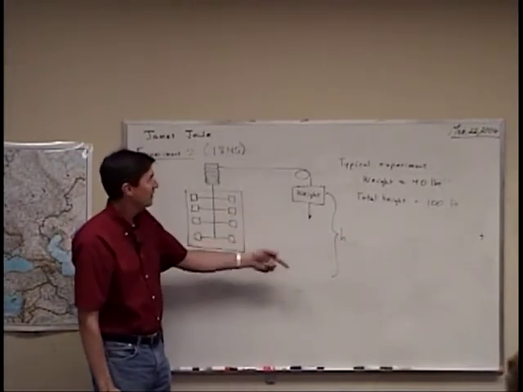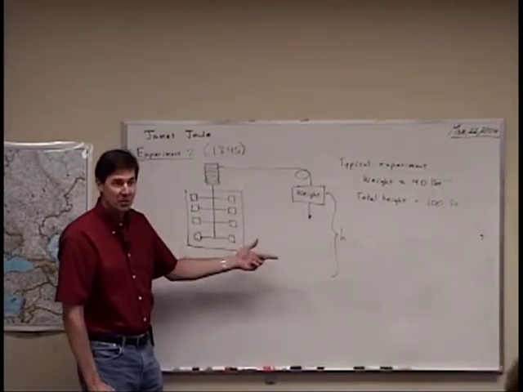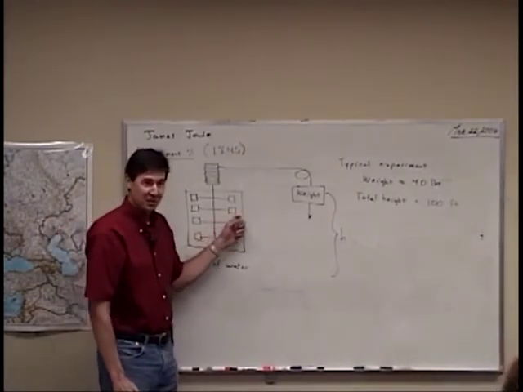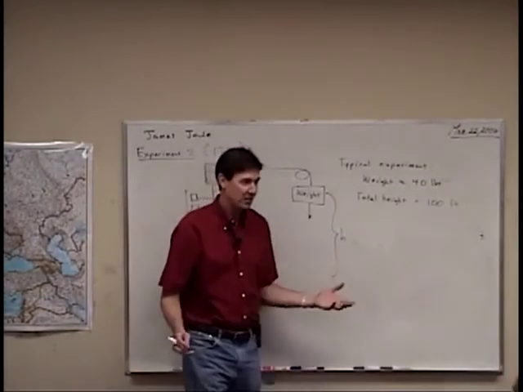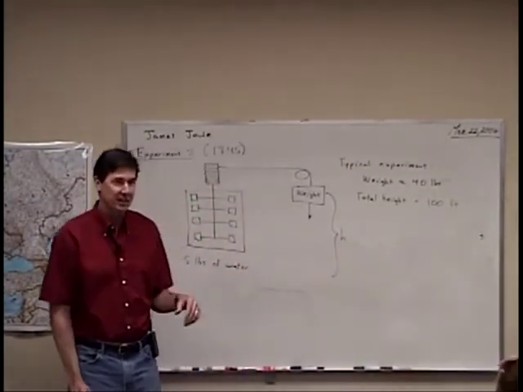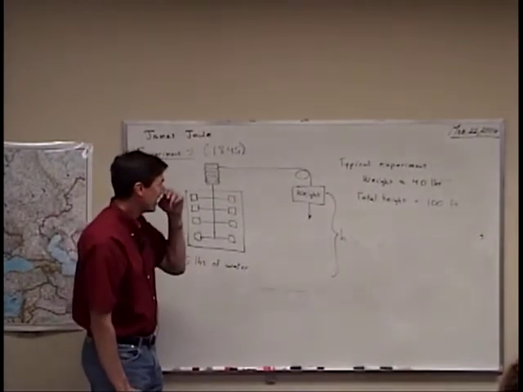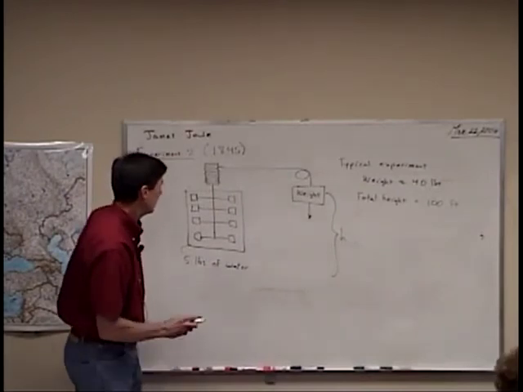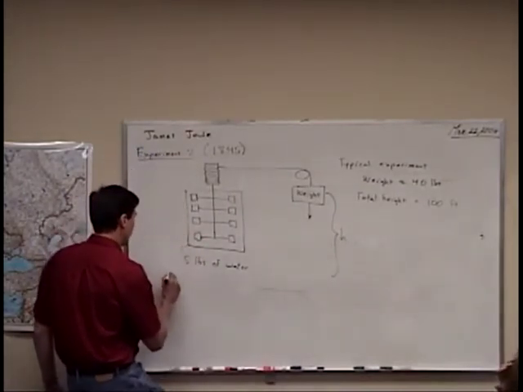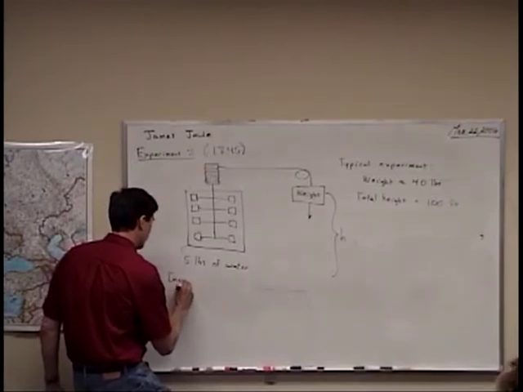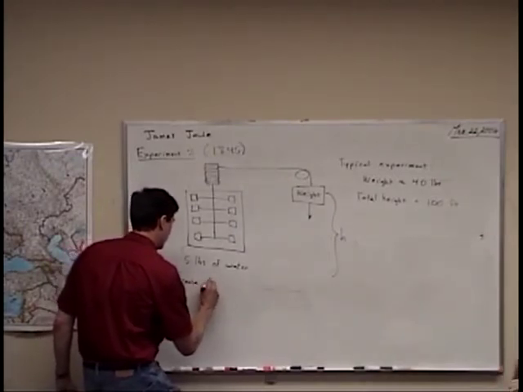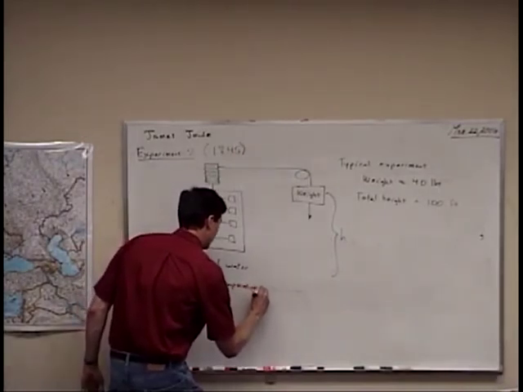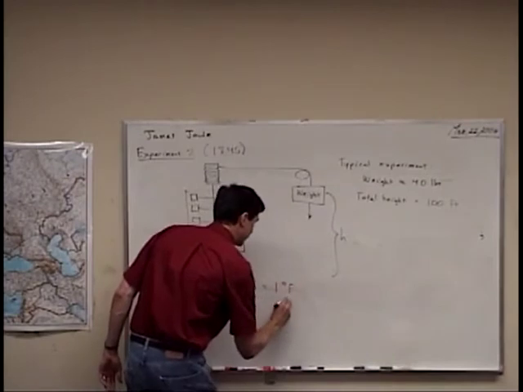If the experiment takes a long time, the danger is you're losing some of your heat. But Joule did what he could to avoid that, and he was actually pretty accurate. So this is an amazing result. The increase in temperature for these numbers equals 1 degree Fahrenheit.